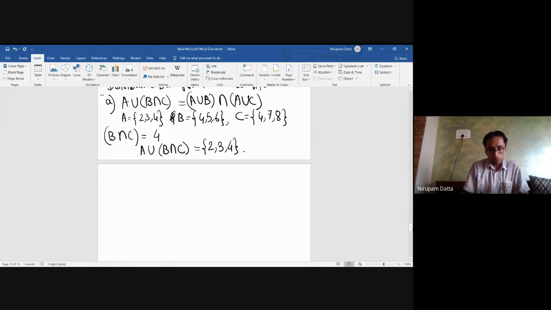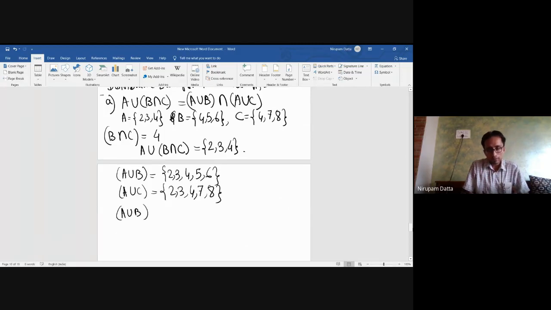Now this is the first part. Second part, let us see what A union B is. This is nothing but 2, 3, 4, 5, 6. Similarly, A union C is 2, 3, 4, 7, 8. Now A union B is one set, and I am intersecting it with A union C, the other set.